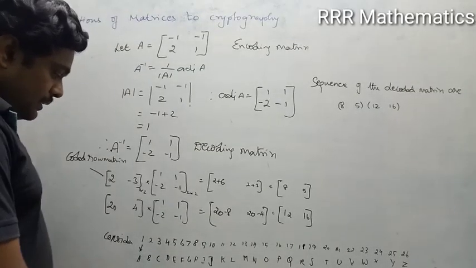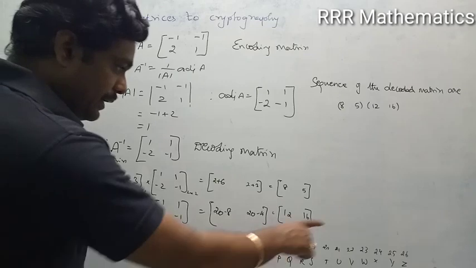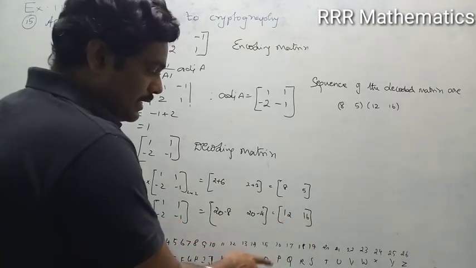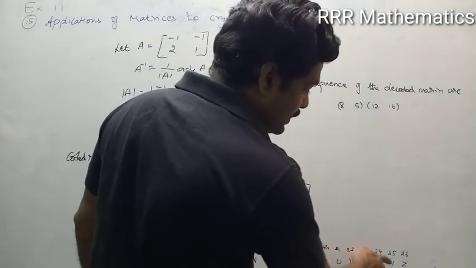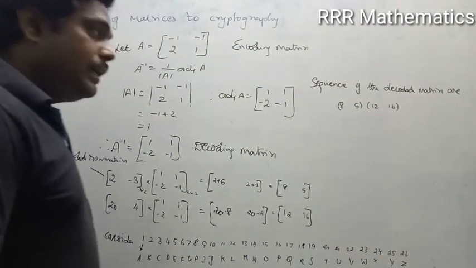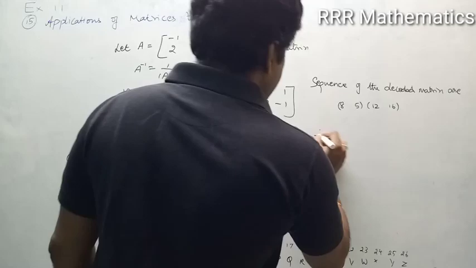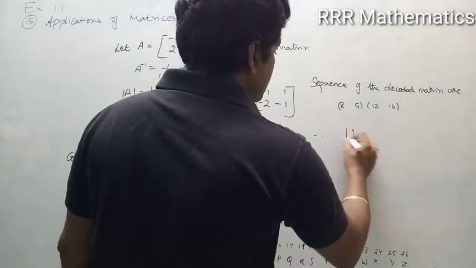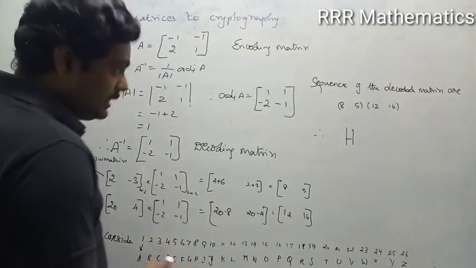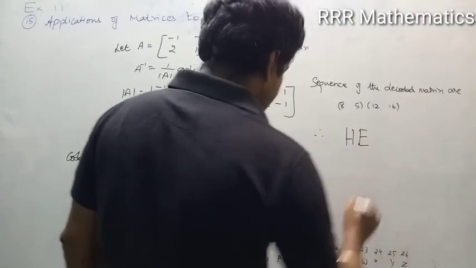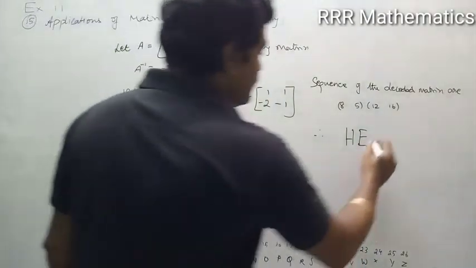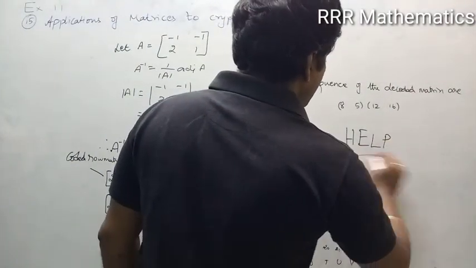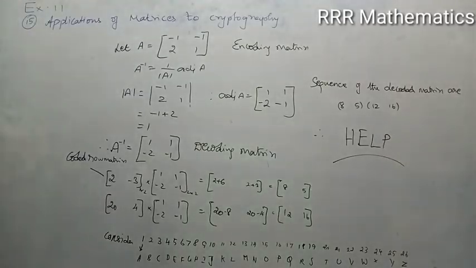Now let us consider the numbers 1 to 26 as A, B, C, D, E, F, G, H, I, J, K, L, M, N, O, P, Q, R, S, T, U, V, W, X, Y, Z. Now the output is 8. What is 8? H. 5 is E. 12 is L. 16 is P. So the output is HELP.